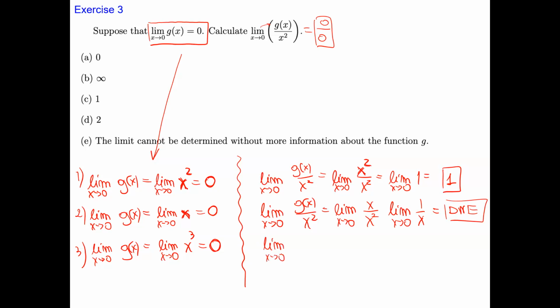Okay, and then the last quotient. The limit as x approaches 0, and g of x could be x cubed. Then this is just x after simplifying, and by continuity, direct substitution gives 0, because we still have no value for the original quotient.